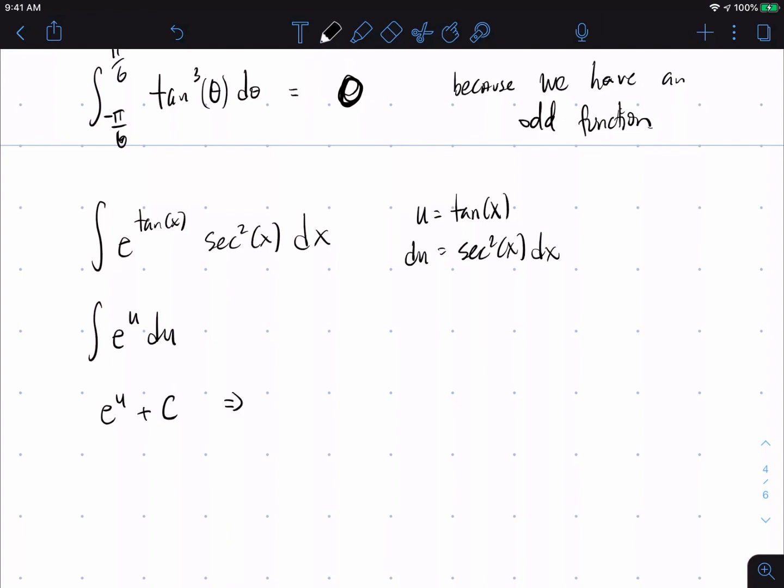But we want that in terms of x. So I'm going to get e to the tan of x plus c. And that is our answer there. So with all of these problems, the trick is to try to find a u that will eliminate one of the products in our problems.